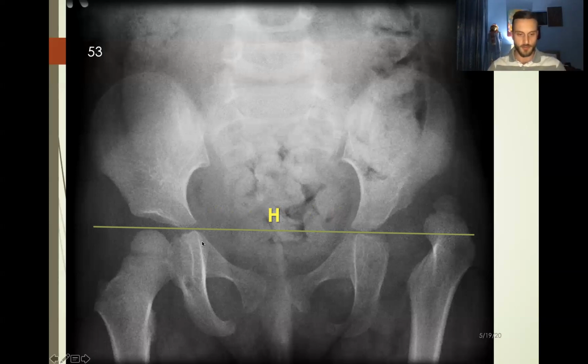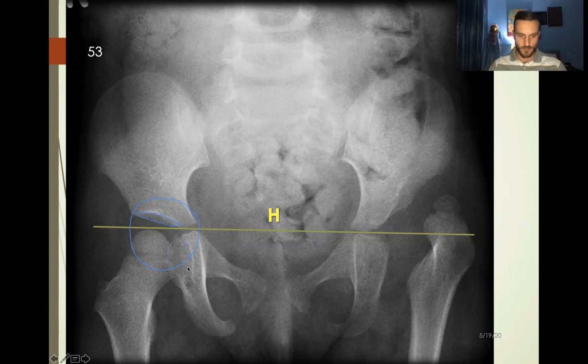So this is the acetabulum, because this is the triradiate cartilage. I will draw for you so I may make things easy. This is the acetabulum, and this is the acetabular roof, because it's the upper part of the acetabulum.